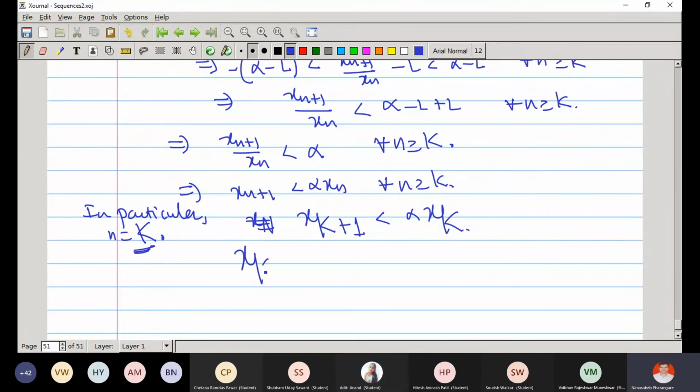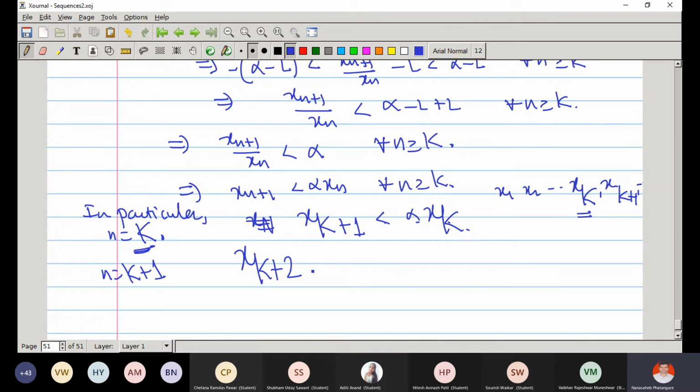So what about xk plus 2? I will look at next now, n equal to k plus 1. So x1, x2 and xk is a particular term. After that this is true. Xk plus 1 and so on. Now if n is equal to k, I found that xk plus 1 is less than alpha times xk.